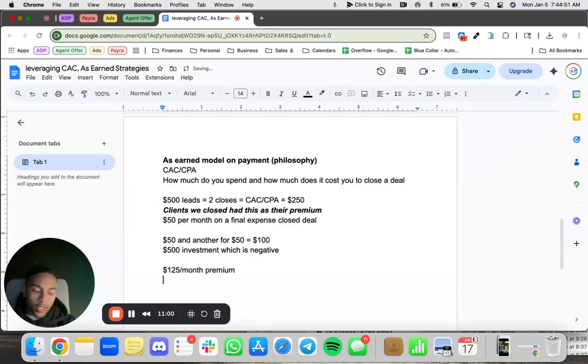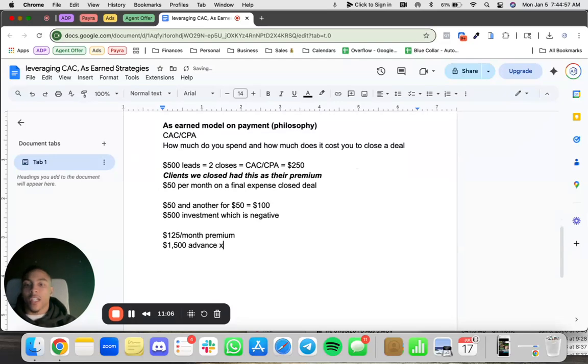Normally you get a $1,500 advance, and you get two of those because remember we closed two deals. So really, this is a $250 premium between two people, and then this is actually going to be $3,000 back.